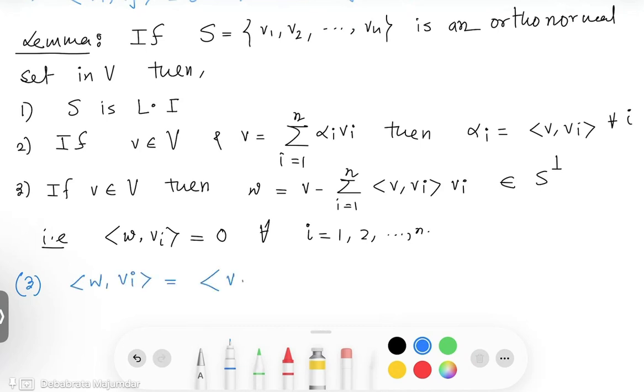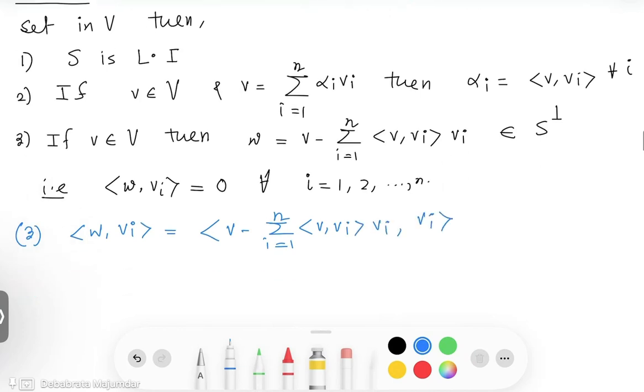What is w? This is w, right? Now I am using the definition of inner product. Okay, I take the minus common, I take the minus outside with the help of the definition of inner product.